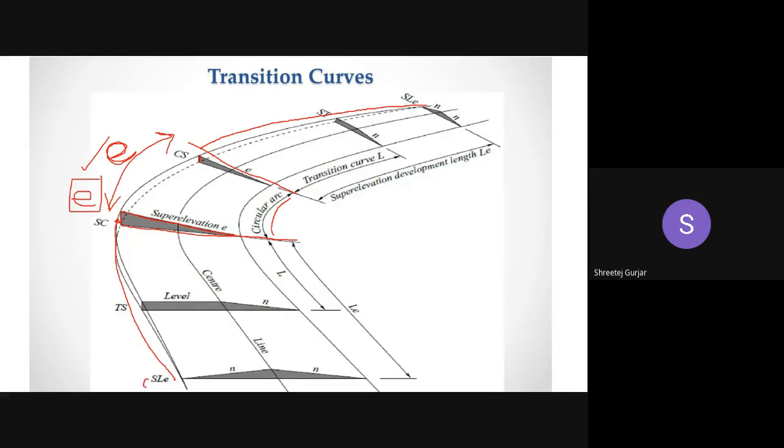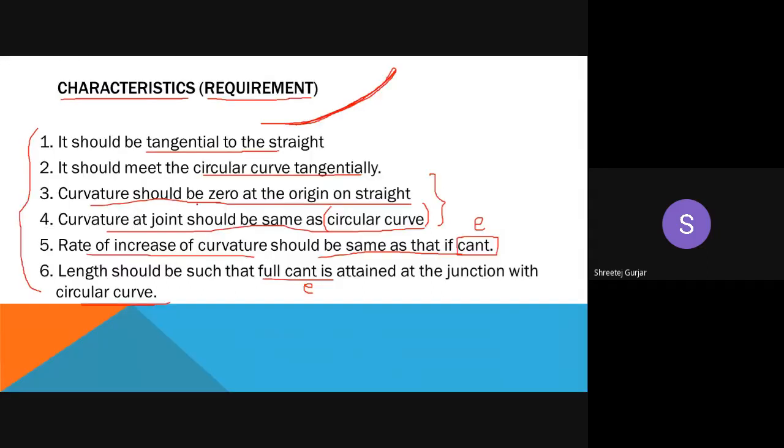So from 0 to E it is increased, and from E again it is made 0. This is what is being explained in the sixth point: length should be such that full cant is attained at the junction with the circular curve.